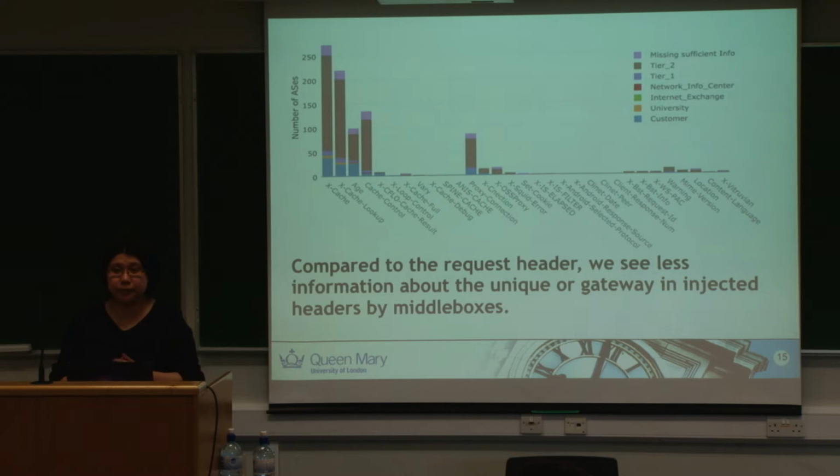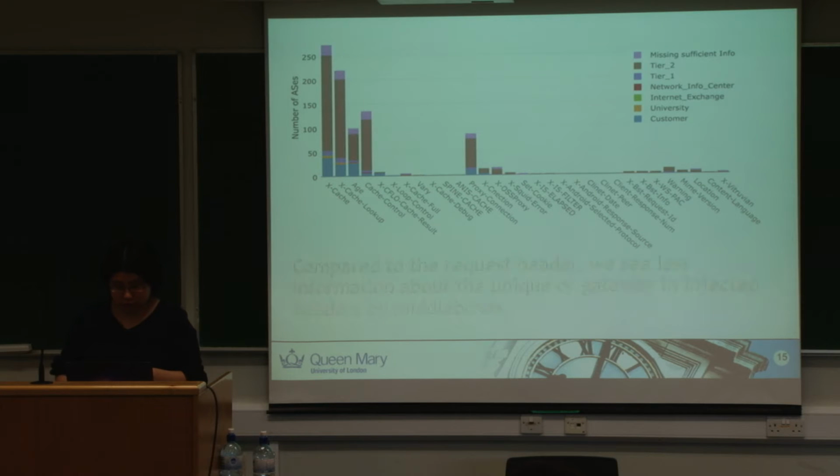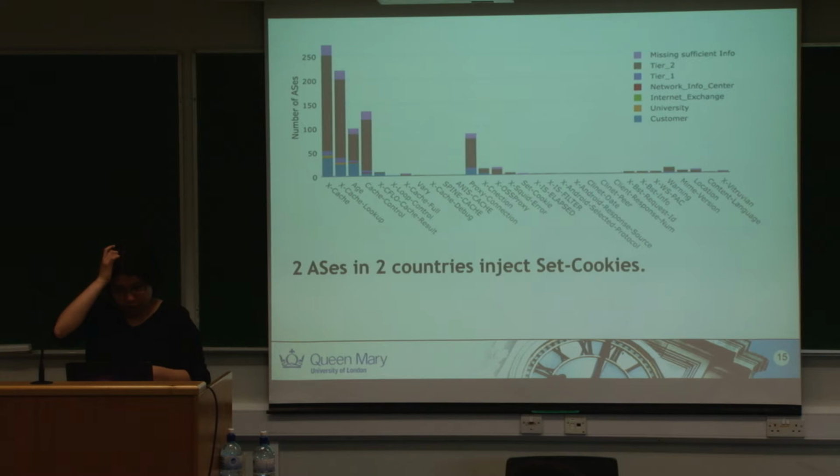But for the response part, the injected header related to the proxy is only for the proxy connection. And we see two ASs in two countries inject the Set-Cookie header.